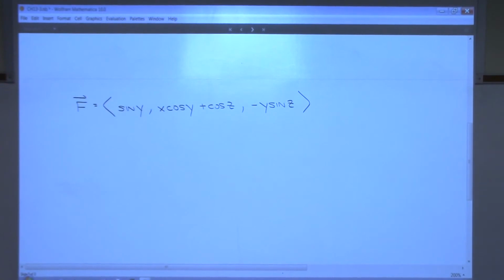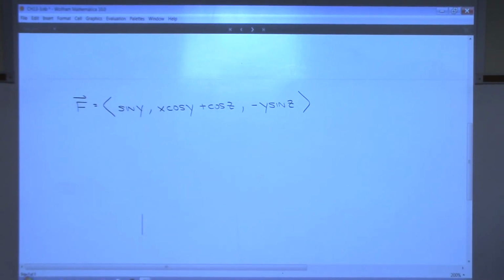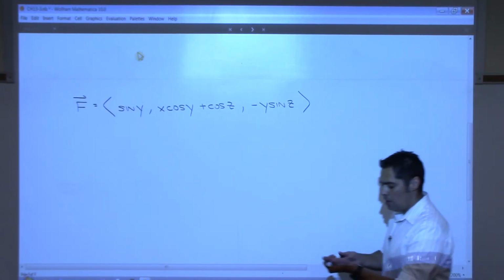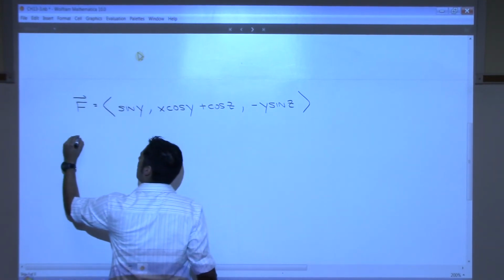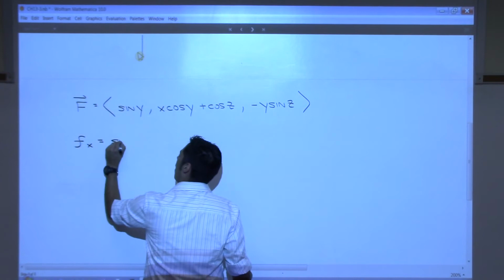And I just want us to find the potential function. So I'm telling you that this is conservative, all right? So I will start by doing what? I know so far that this must be sine y, right?